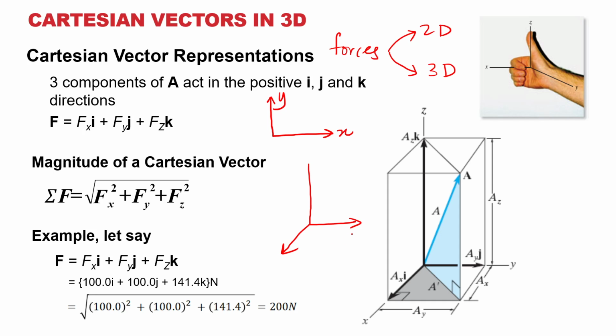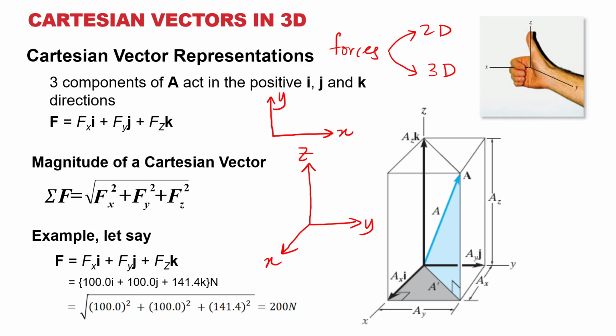Typically, the Y and X axes are drawn this way, but not all the time. All this depends on the question, depends on the analyzer. How do you want to analyze it? You can draw it any other way, but typically people will draw in this direction.